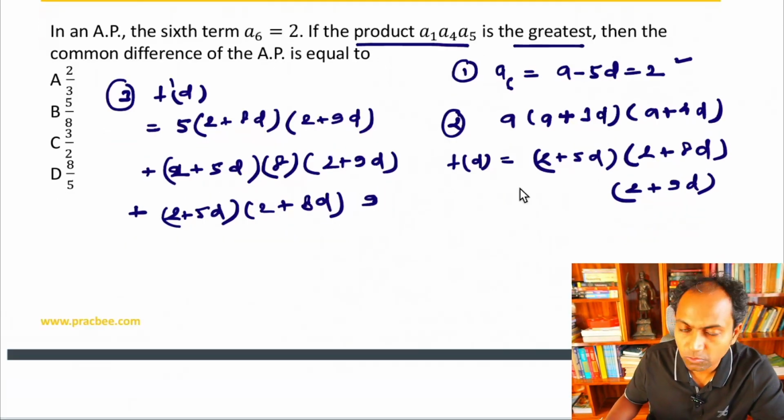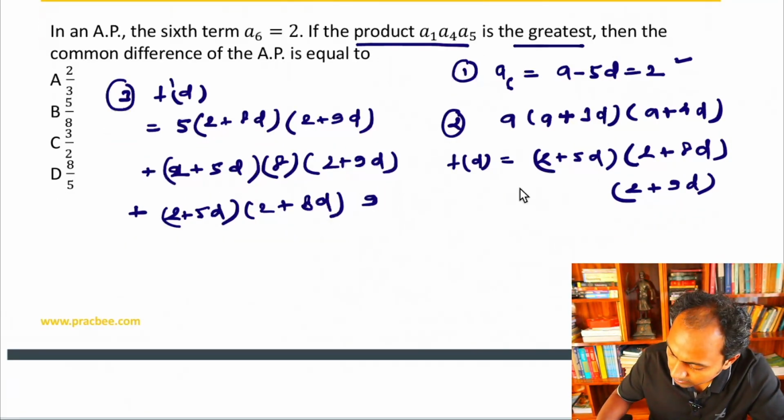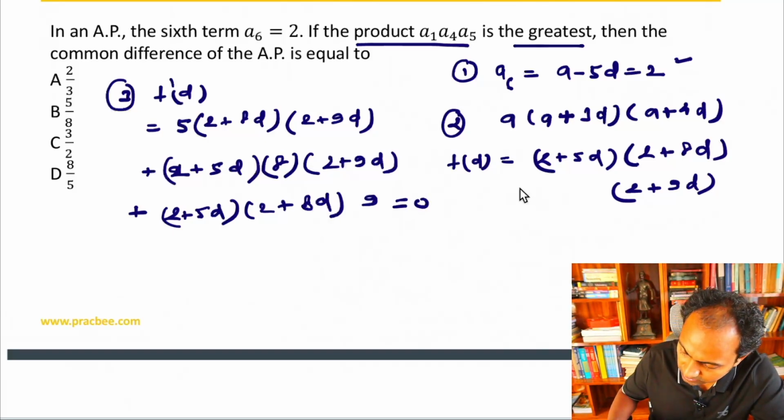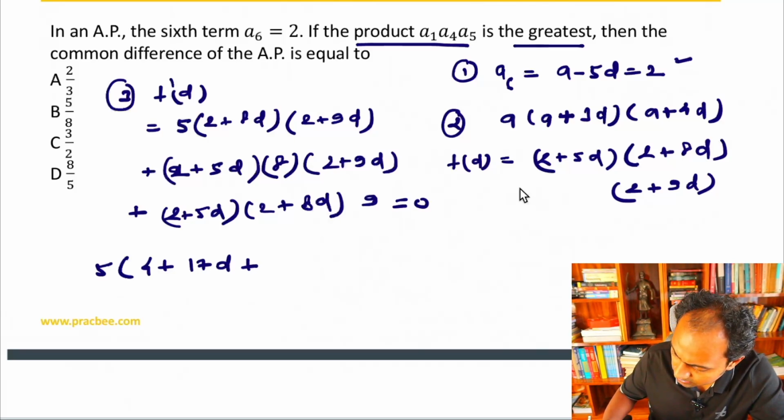Now since we want to maximize this function, the idea would be to put this equal to 0 and apply first derivative test to get the answer. So in the next part, let us simplify it. So if I simplify, what am I getting? 5 into, this will become nothing but 4 plus 17D plus 72D square.